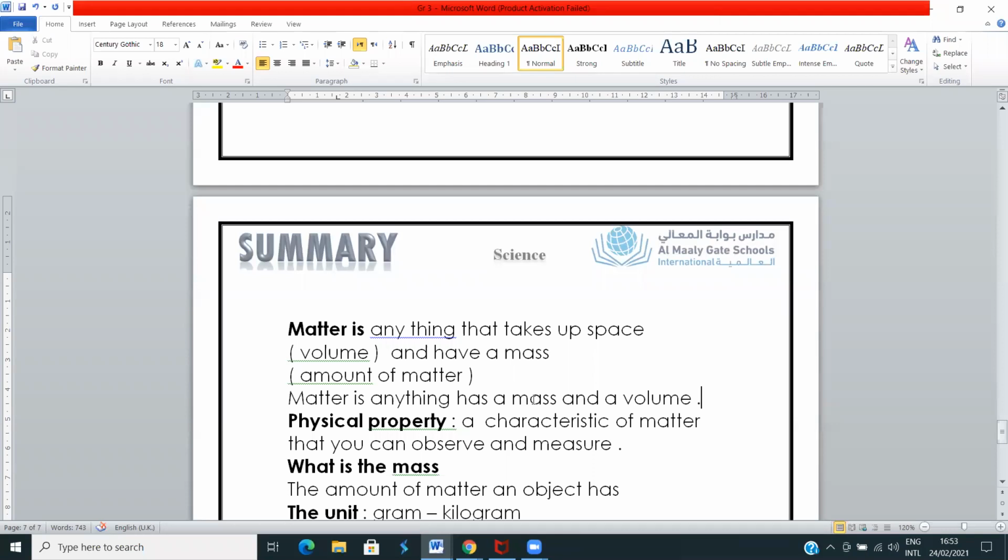This amount is called mass. Amount means the grams or kilograms, according to the size. If it is very small or small, we measure the mass in grams. If the mass is very big or big, we measure in kilograms.